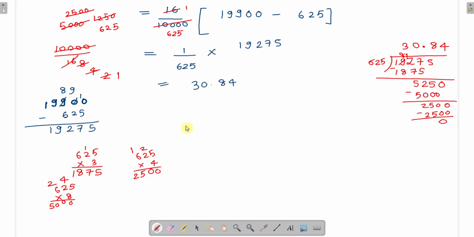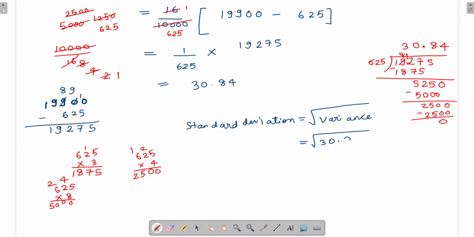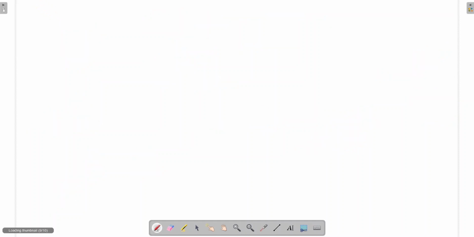Now we can find the standard deviation. So standard deviation is just the root of variance, that means root of 30.84, right? So let us find the root of 30.84. So two digits we have to select.